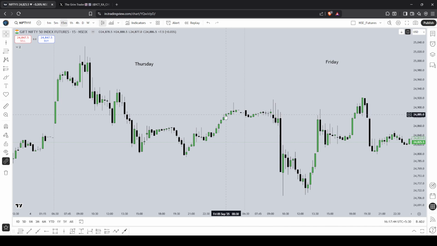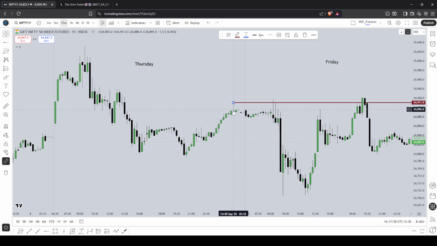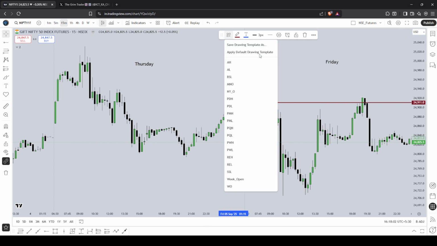Even though there are some candles after midnight India time, we're not going to worry too much about that because this is still New York PM session. During the AM session in NSE on Friday, we mark out this high that formed at 1 a.m. India time, which is sometime in the afternoon session.